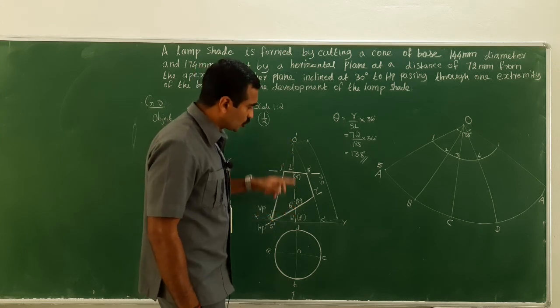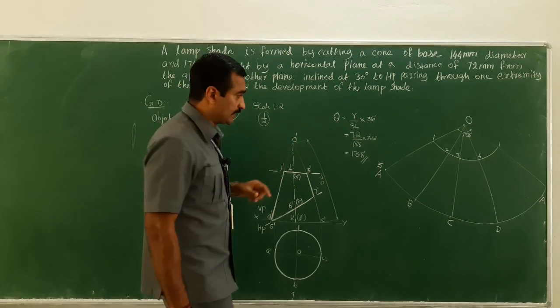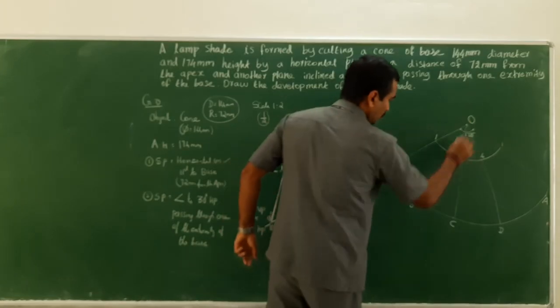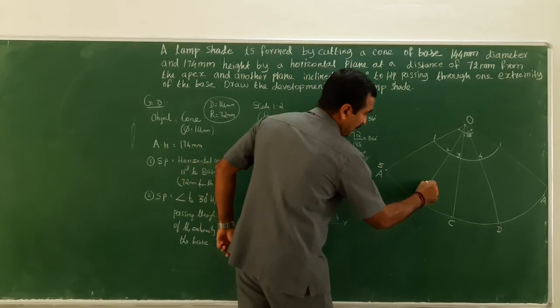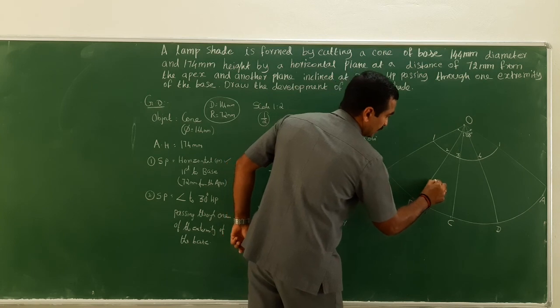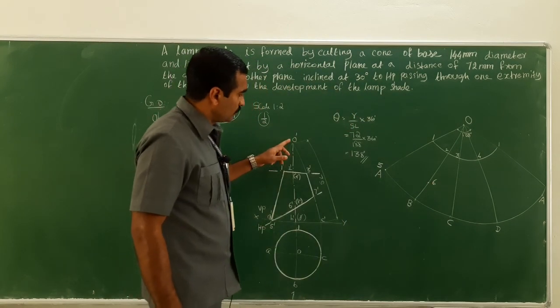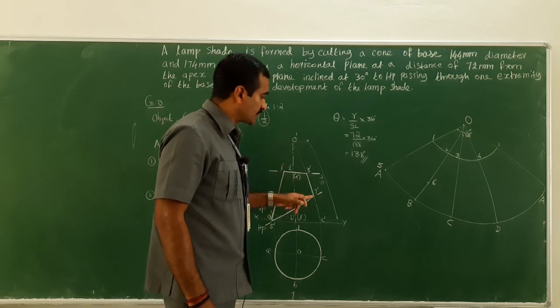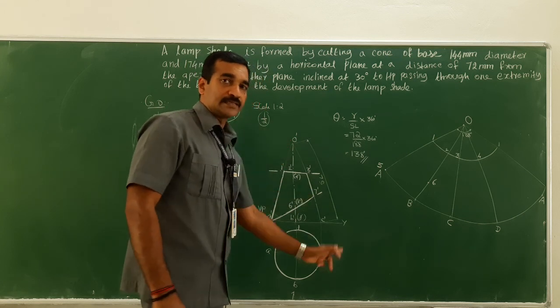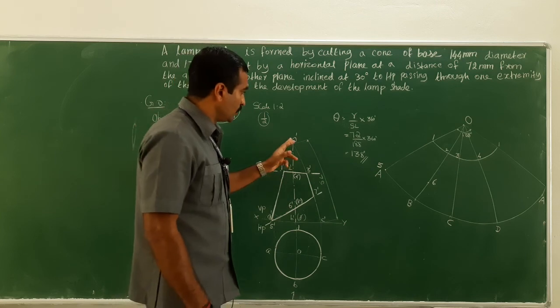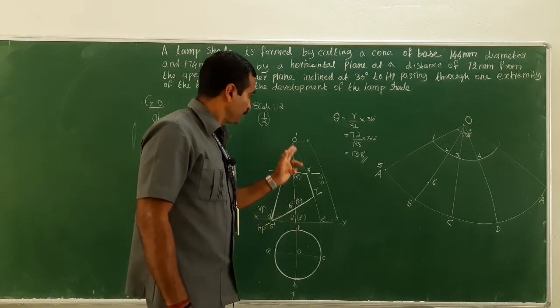Measure O to 6 in our compass, and on OB, this is somewhere here. This could be 6. Now, measure O7 on OC, that slant height, which is a generator line.